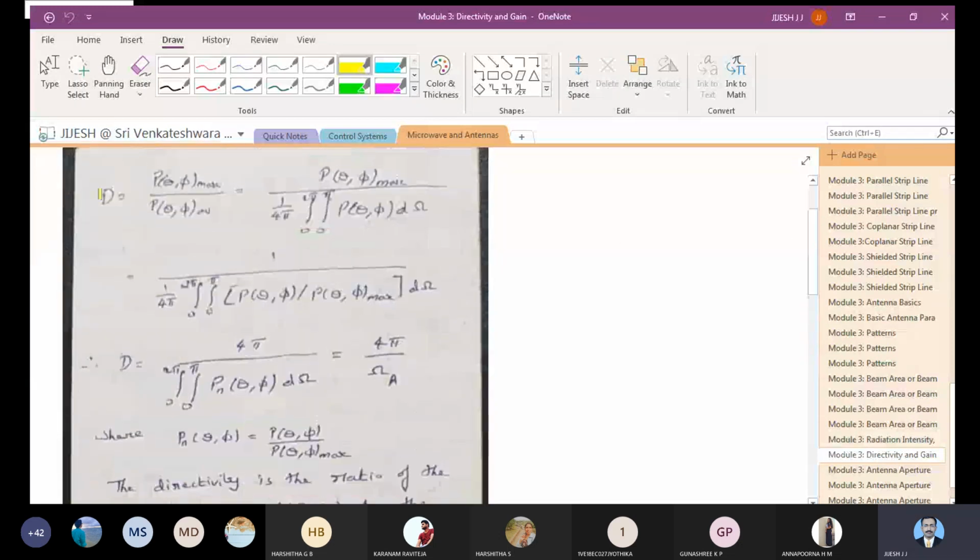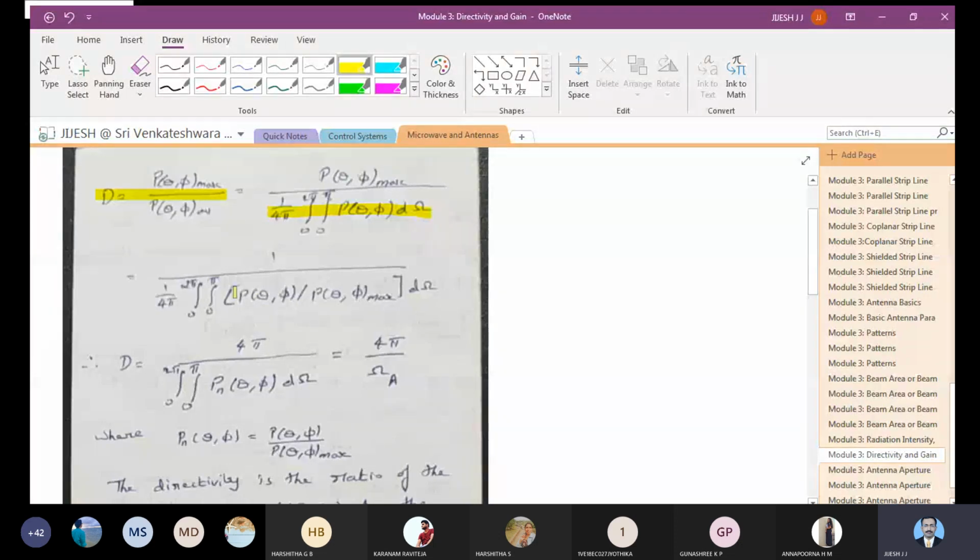We know that directivity is P theta phi maximum divided by P theta phi average. So it is P theta phi maximum divided by what we substituted for P theta phi average. I have substituted the same equation here and written P theta phi maximum d omega.